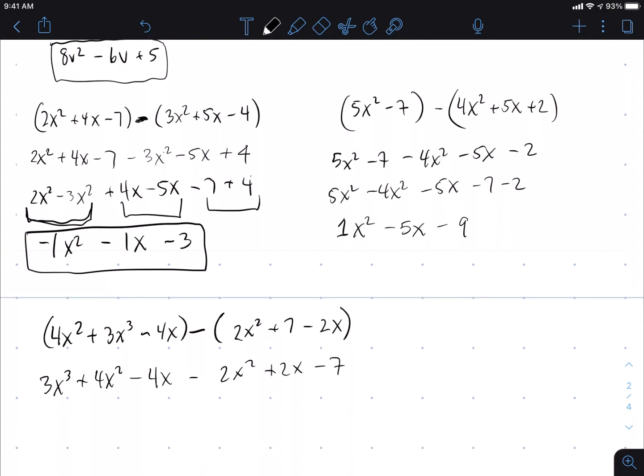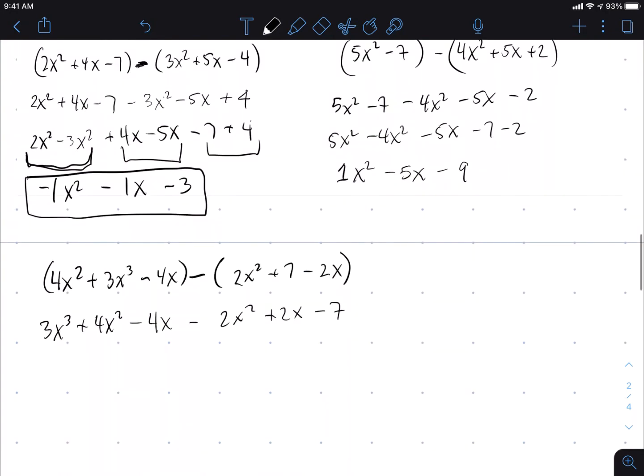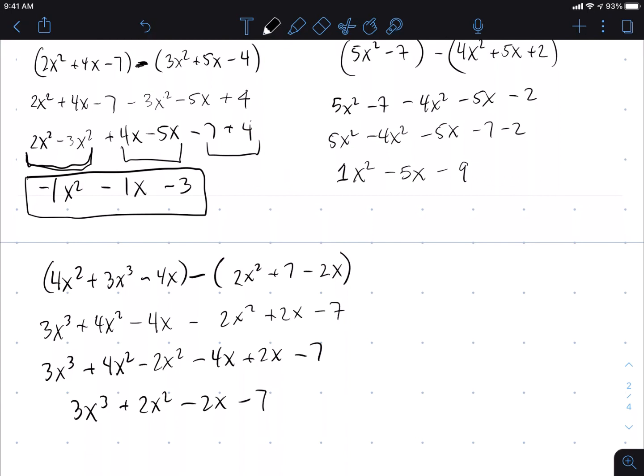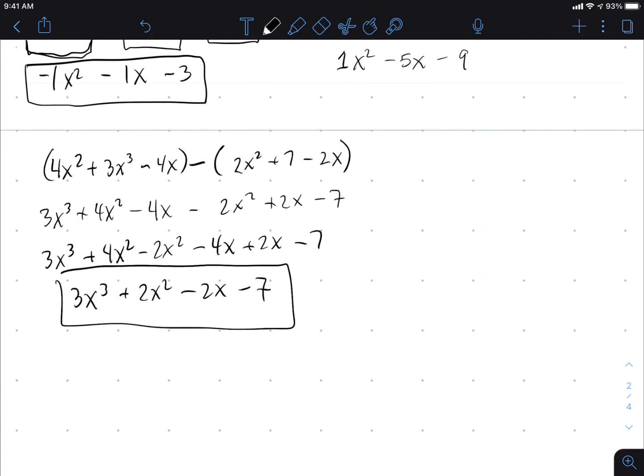Does that make sense? Oh, probably higher. Are we good with that?